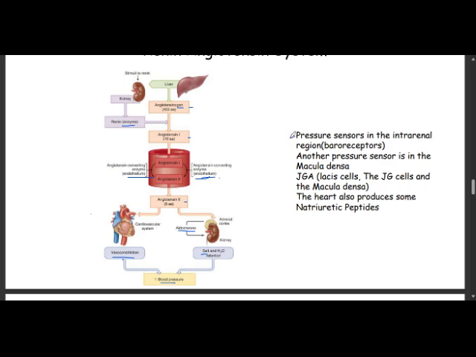Maybe some things you can know that we've already mentioned: pressure sensors in the intrarenal region, that means inside the kidney. The pressure sensors, particularly, can be found in the macula densa. You can talk about the macula densa cells. Then the heart also produces what are known as natriuretic peptides, atrial natriuretic peptide and brain natriuretic peptide. Natri means excretion of sodium, uretic means excretion of water.